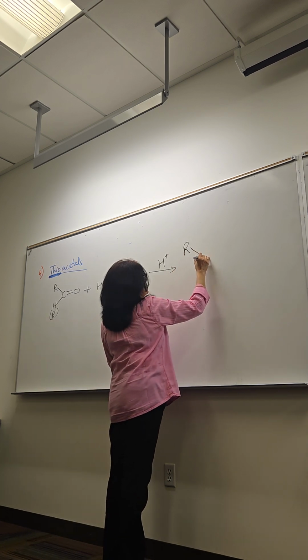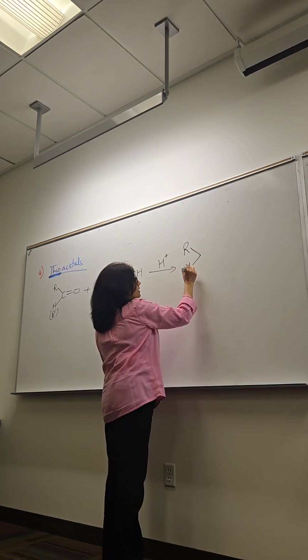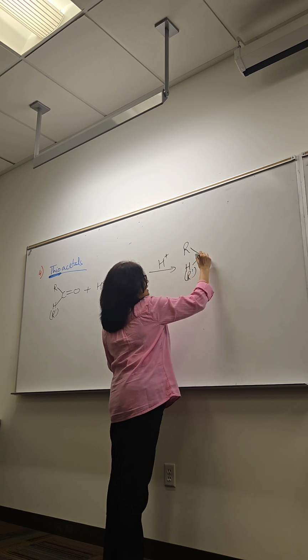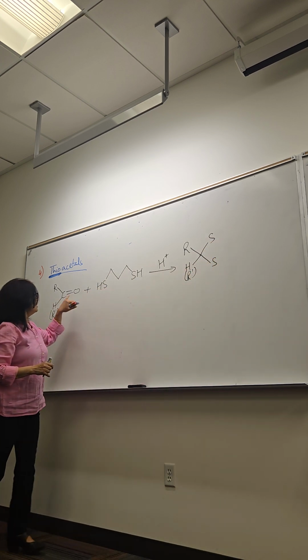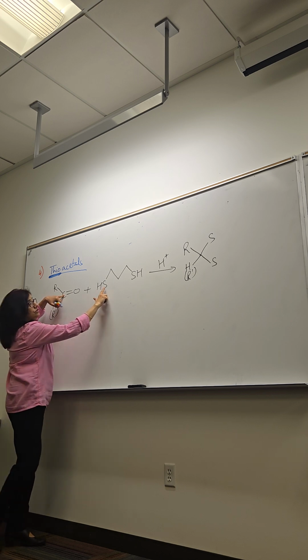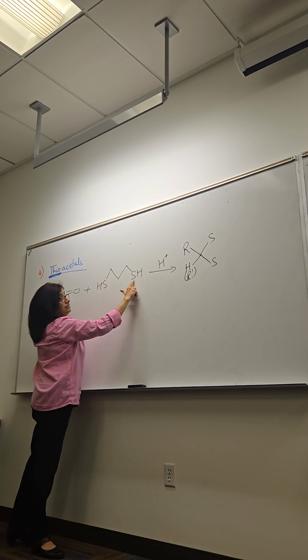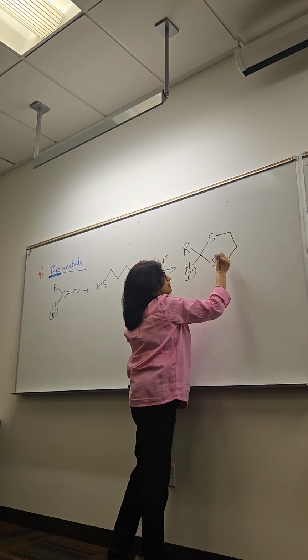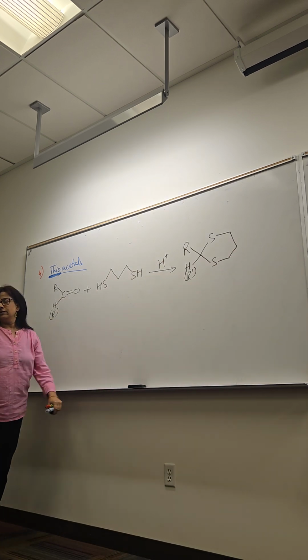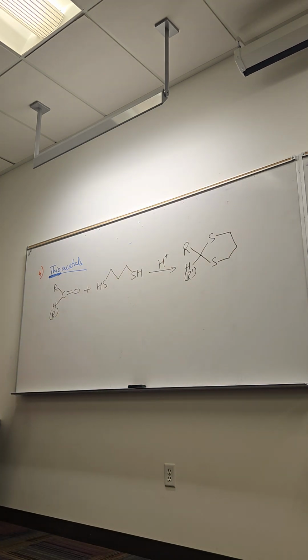In this case, it would be a cyclic one, right? And what size ring would it be? Carbon 1, 2, 3, 4, 5, 6. A 6-membered ring. Everybody agrees?